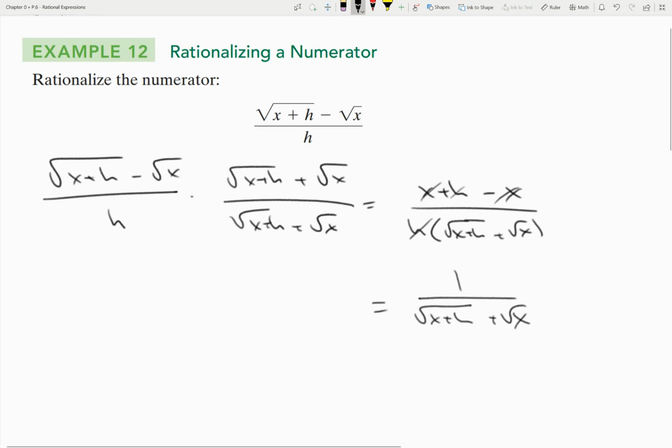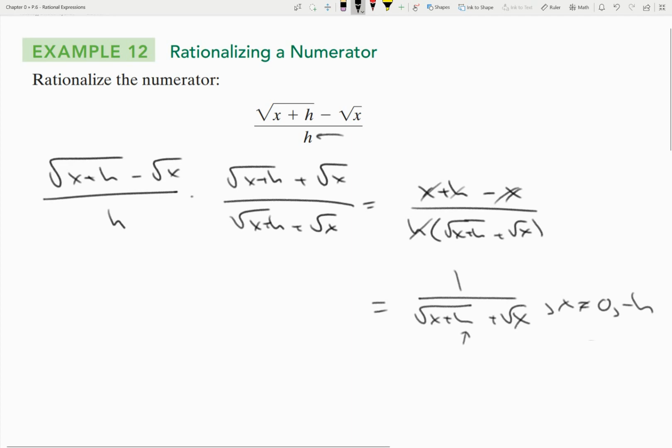And of course we can say that x can't equal negative h, and h can't equal 0 either, if we want to put all the restrictions on the variable. But what we can see now is that I can't put 0 into the original expression, but now I can put it into this expression.